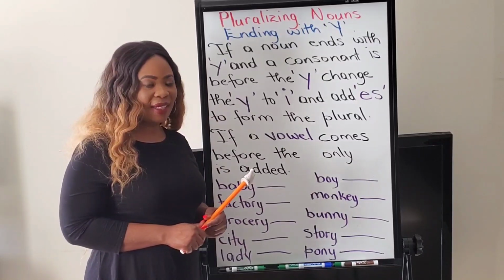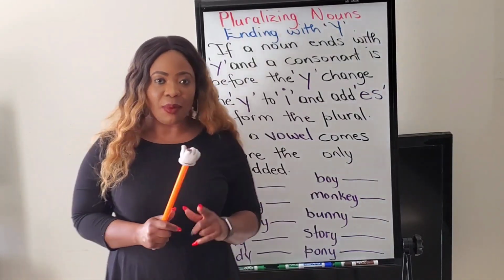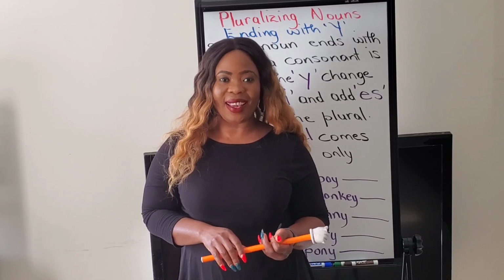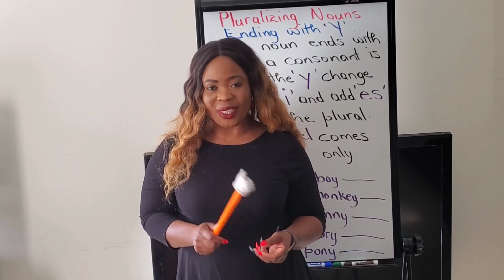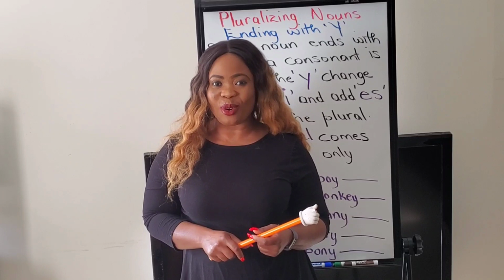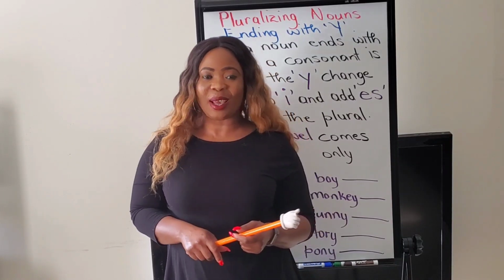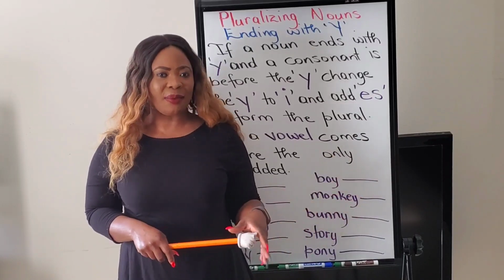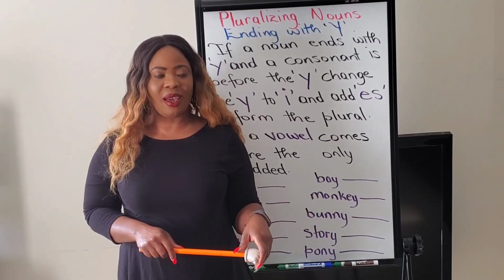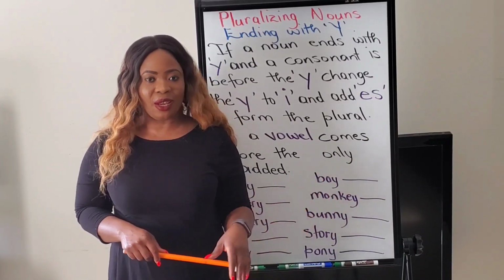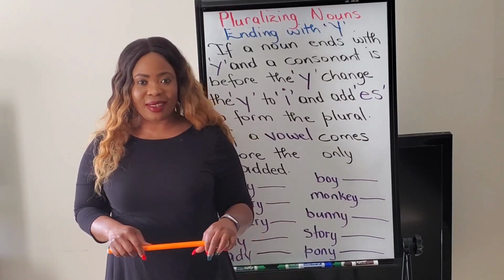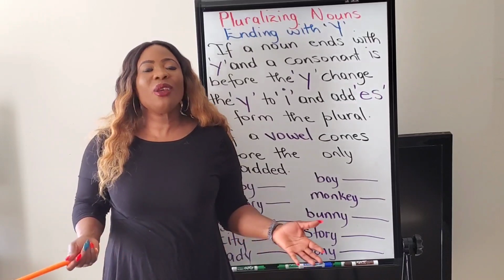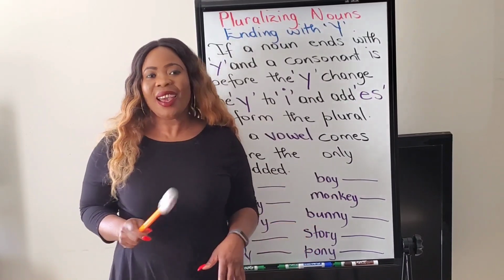You got that, right? So if there's a consonant before the y, you'll change the y to I and you'll add es. But if it's a vowel, and luckily you know your vowels and your consonants, but just in case you need a refresher course, just go back to my previous videos, okay? So if there is a vowel before the y, all you have to do, my geniuses, is add s.